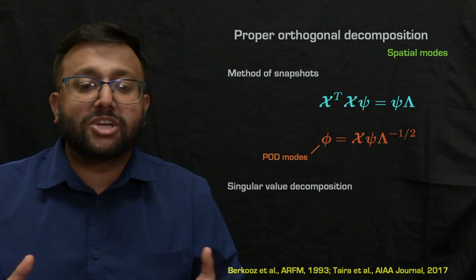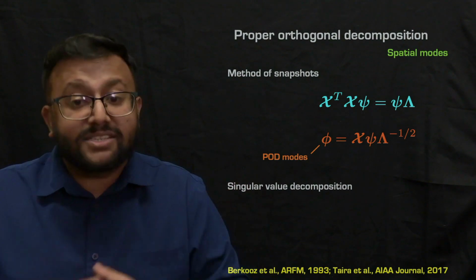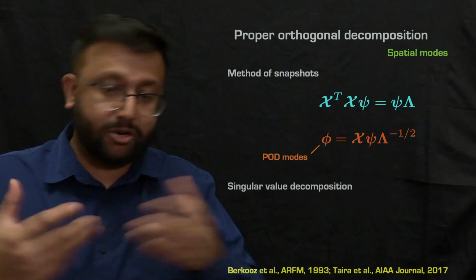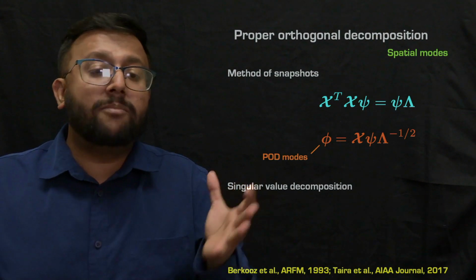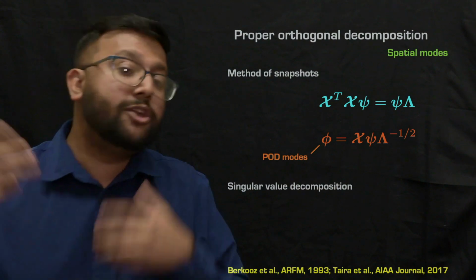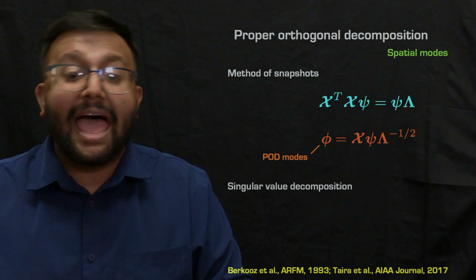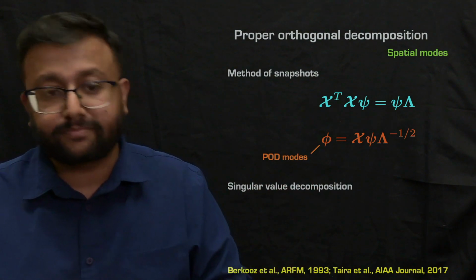In the method of snapshots, you take this stacked matrix X, you take a transpose, you multiply it with your stacked matrix, so you take X transpose X, and then you perform a simple eigen decomposition of this matrix. When you do the eigen decomposition, you get eigenvectors C and eigenvalues, given by lambda.